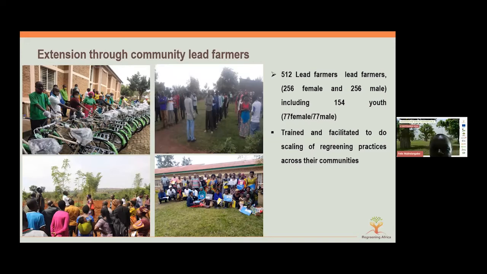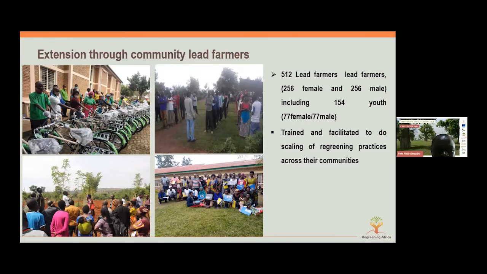Overall we have 512 lead farmers, with an equal number of males and females, including 144 youth. All of them have been trained on scaling the regreening practice across their communities.